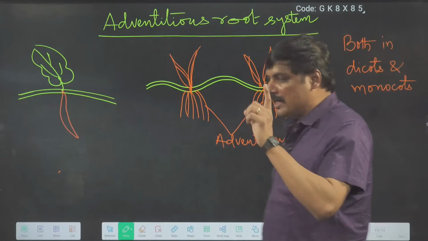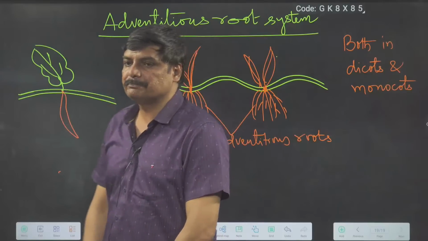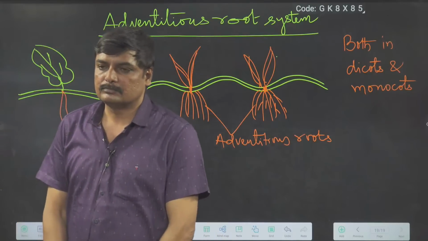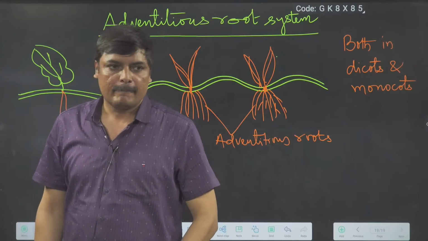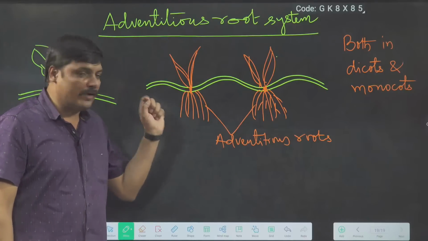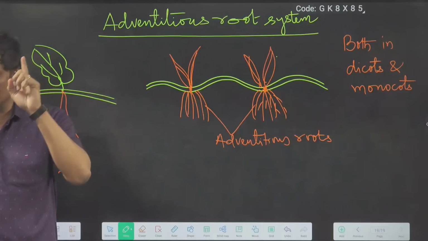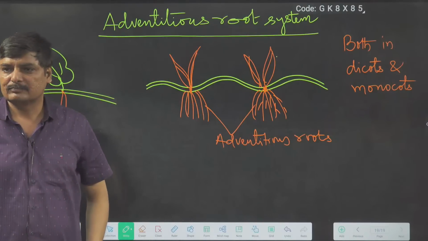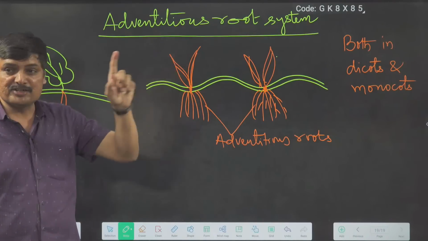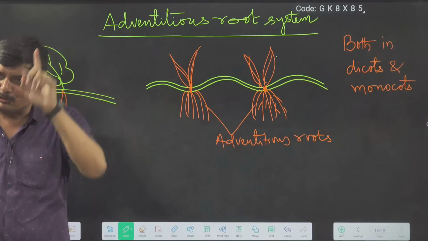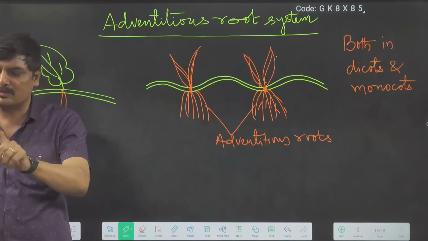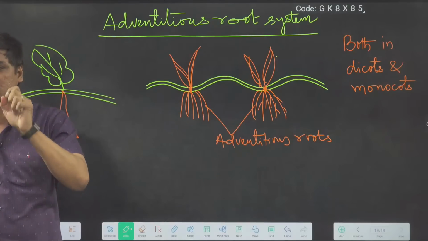Taproot system commonly seen in dicots. Fibrous root system commonly seen in monocots. Adventitious root system or adventitious roots are seen in both dicots and monocots.